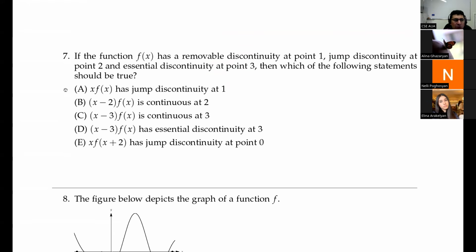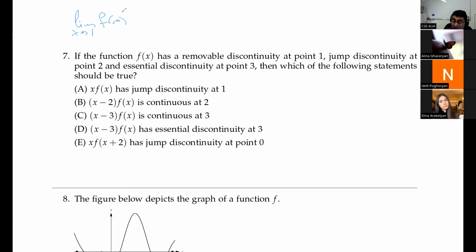Removable discontinuity point means that the function actually has a limit at point 1. The limit when x approaches 1 of our function f of x exists.